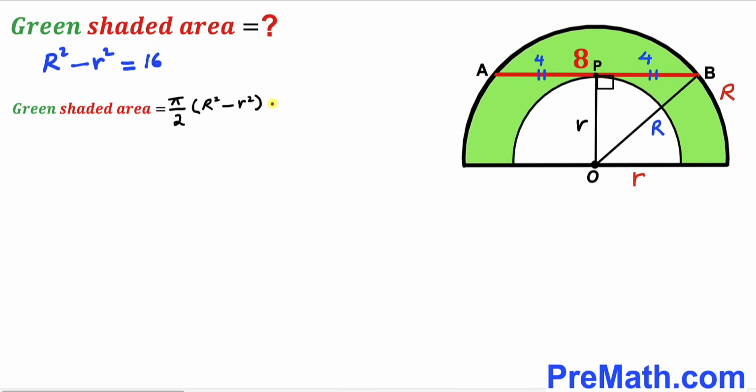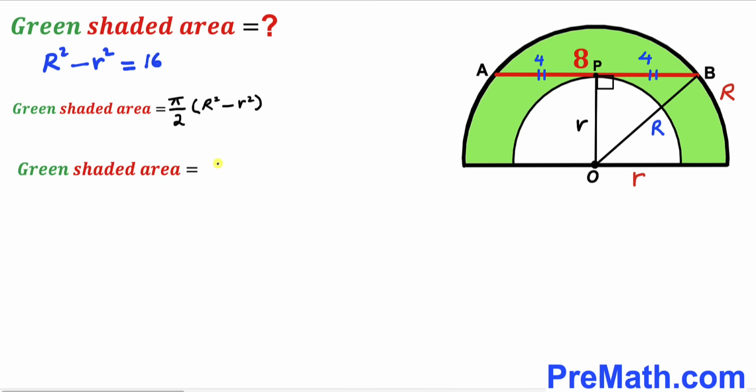Now once again let's focus on the green shaded region area, which equals pi divided by 2 times uppercase R square minus lowercase r square. We already figured out that uppercase R square minus lowercase r square is 16, so I'm going to substitute that value 16 over here. We can write this as pi divided by 2 times 16, and if we simplify, that gives us 8 times pi.